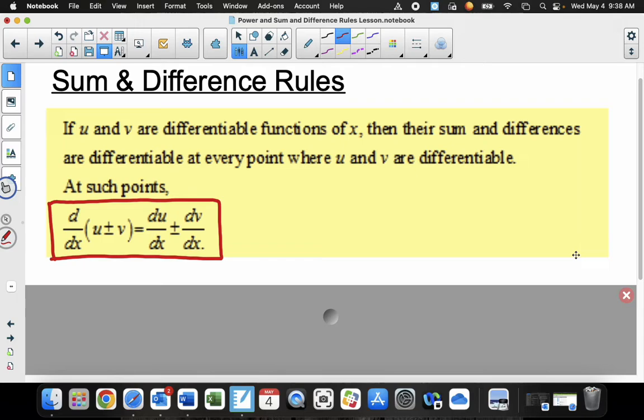Right here, this is saying if you take the derivative where you're adding or subtracting terms, just take the derivative of each term one at a time. That's what the sum and difference rule is, like we just did. When I said x squared plus 4, we did the x squared, then we did the plus 4. We used the sum rule on that one. That's all that this is saying: you can take the derivative of each term one at a time. You don't have to worry about it as a whole process.